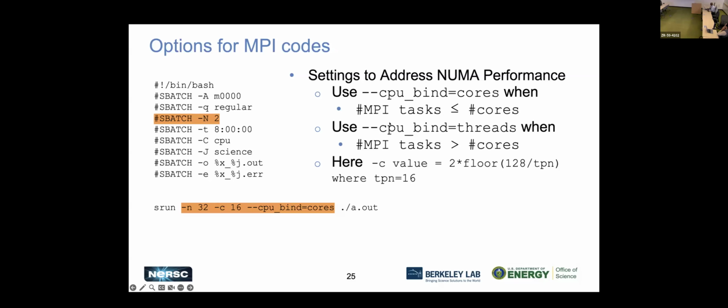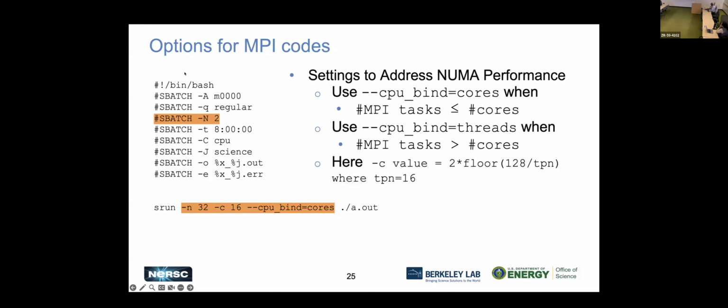When you're using CPU bind threads, you want to make sure that the MPI tasks are larger than those cores. And for here, you'll get that C times the floor value of 128 is going to be where that TPN is going to be 16. So that's going to give you that high level that you can execute with.